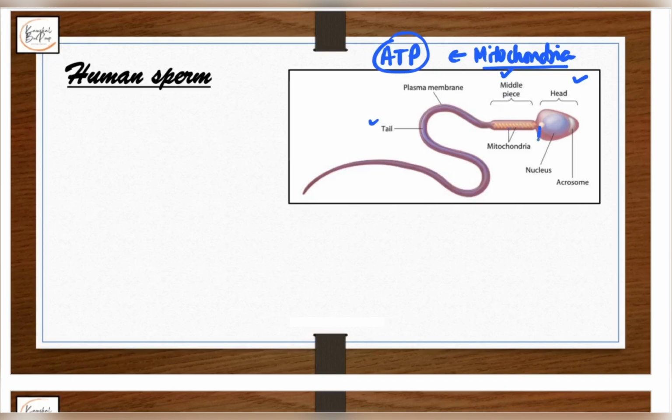And here there are also centrioles which are not mentioned. There are two centrioles present. They are at 90 degrees to each other, and the centriole which is present on the back, if you see in the picture, is something like that. So this is a proximal centriole, this is a distal centriole.